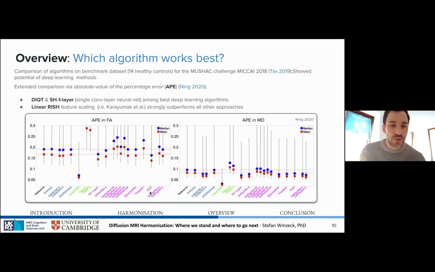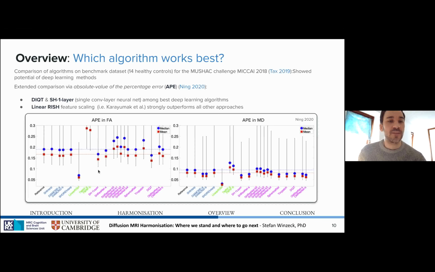One quite important one was the previous one that I mentioned, the FSCNet or DIQT, that was quite good, but also this SH1 layer. That has literally only one convolution layer. And the people who applied this model realized that your data just gets smooth.